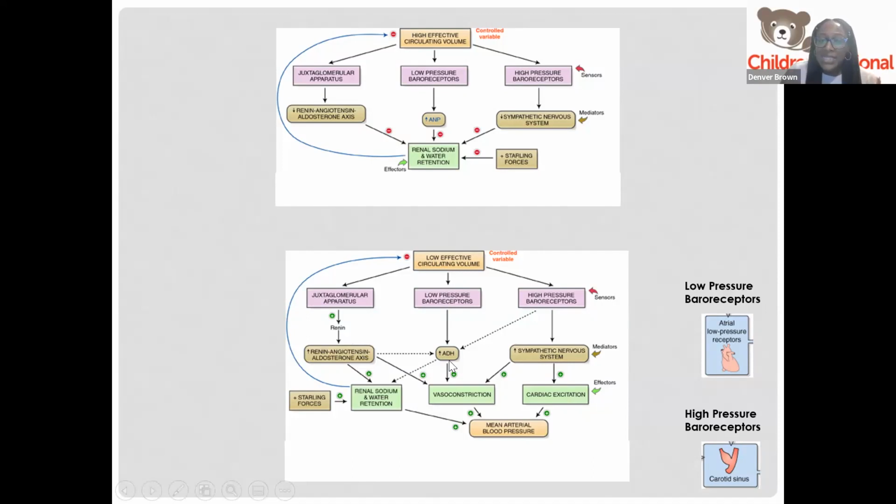Antidiuretic hormone increases so that you have water retention, and you have sympathetic nervous system activation, all of which increase renal sodium and water retention, as well as increase vascular constriction, as well as heart excitation in order to increase blood pressure and increase your effective circulating volume.